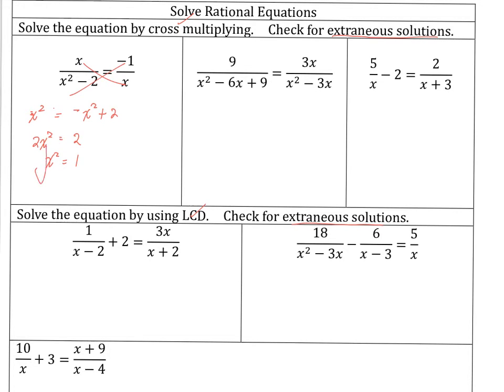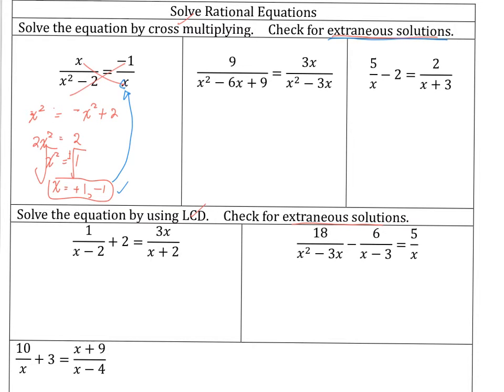And by taking square root of both sides, you get x to be positive or negative 1 to be your solutions. Now we need to make sure that these solutions don't produce a 0 in the denominator, and if they do, it will be considered an extraneous solution which you need to ignore. Now, in this case, these 2 solutions are fine.